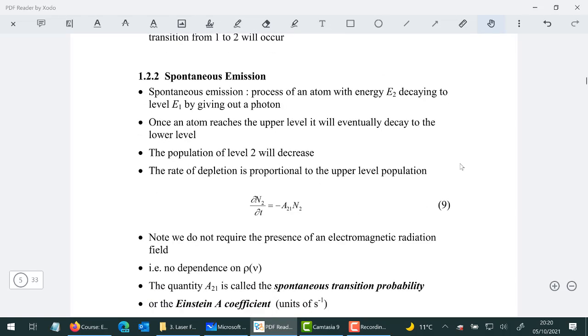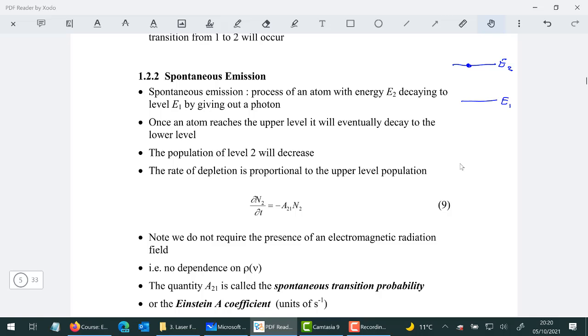Let's think about the spontaneous emission. So again, we have energy level 2 and energy level 1. And we have an atom which starts off with E2 joules, whatever E2 happens to be.